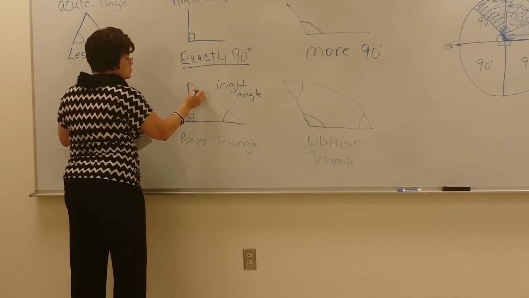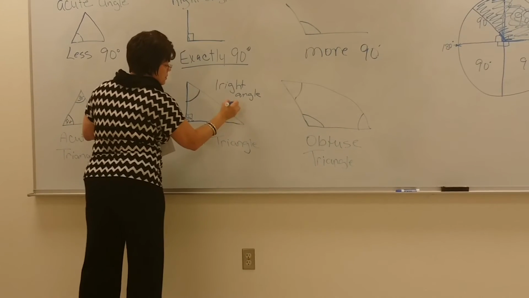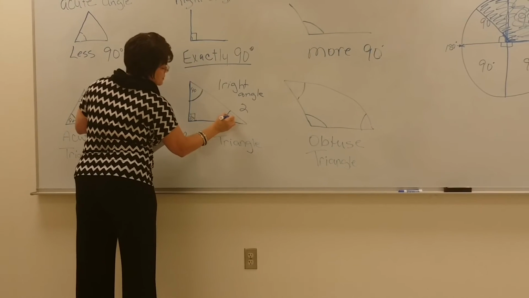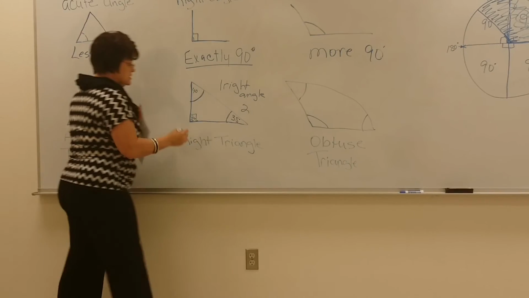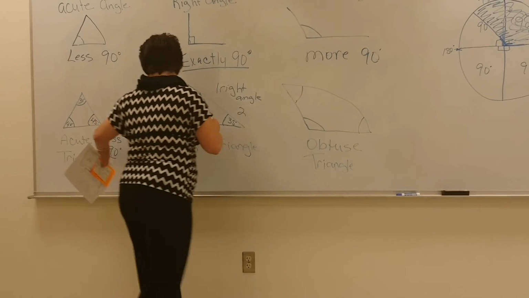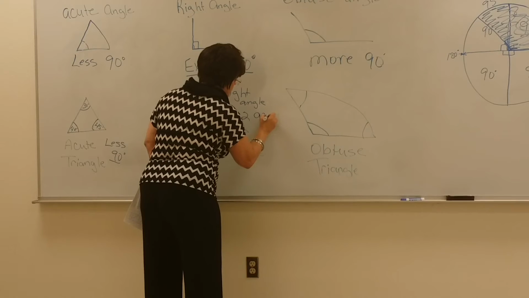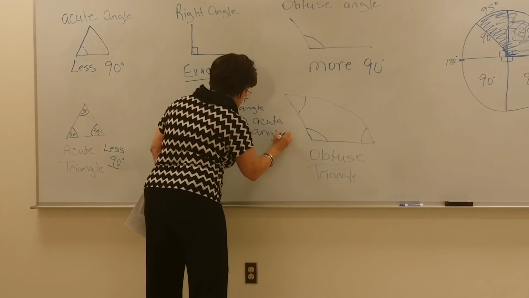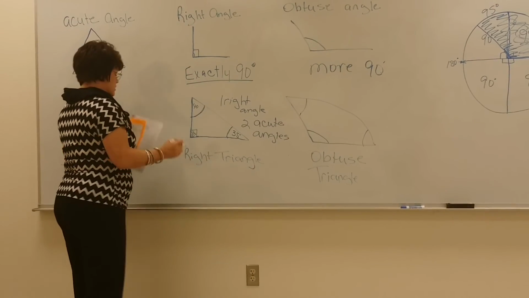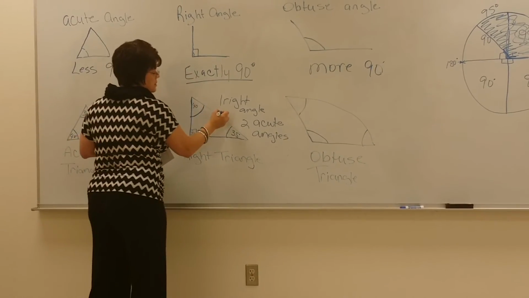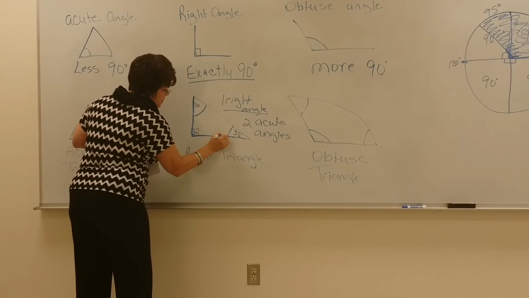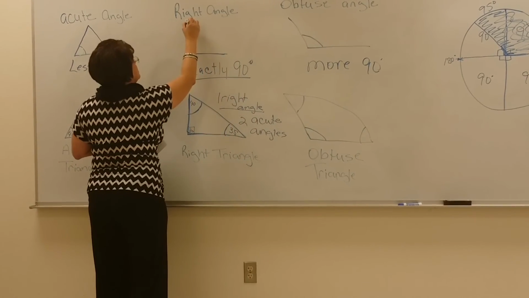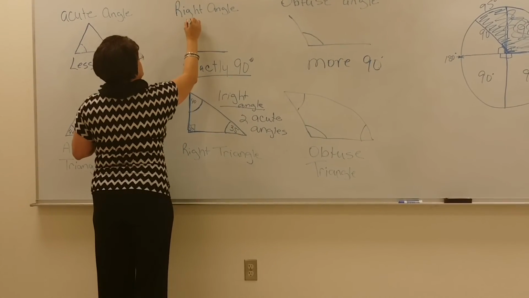And then you have two what? These are less than 90. So it would be our two acute angles. So a right triangle has one right angle and two acute angles. Simply by taking what you know and applying it to what you learn.